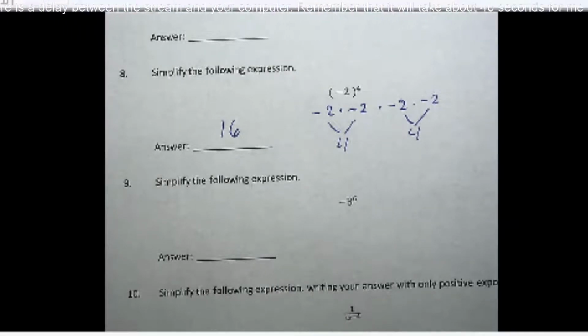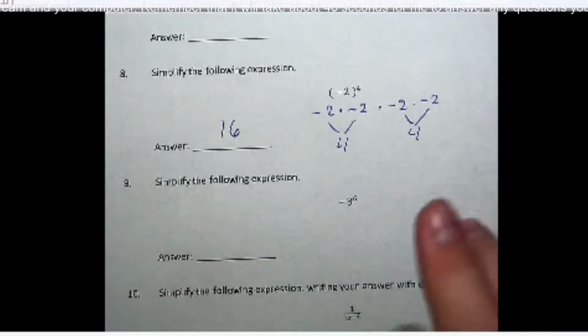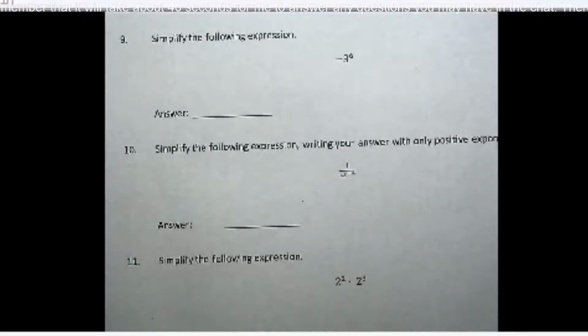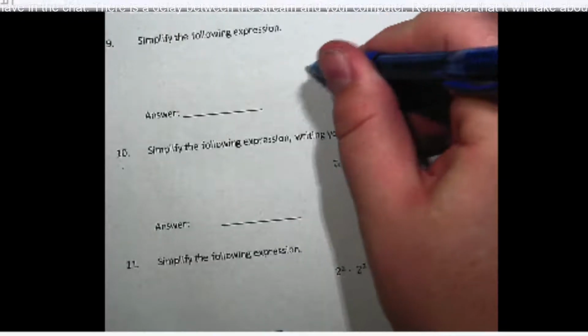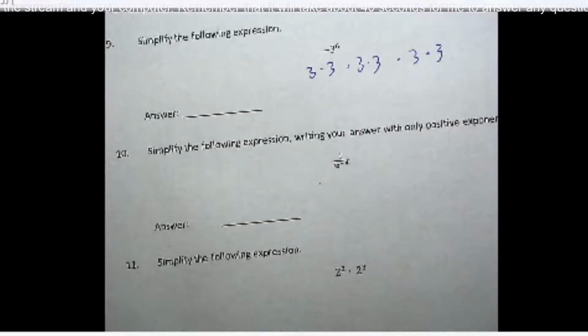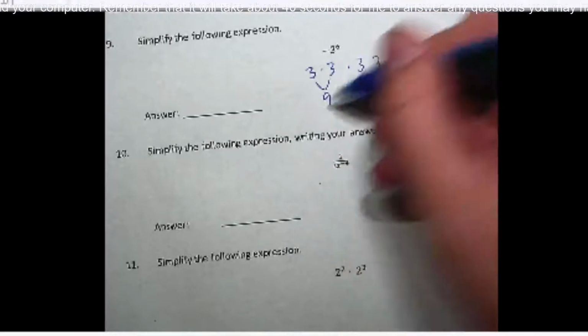Any questions? Okay. Next. This one is negative 3 to the 6th, but that negative is not in parentheses with its number. So we will not include that negative when we take the power. So this is 3 times 3 times 3 times 3 times 3 times 3. Well, 3 times 3 is 9.